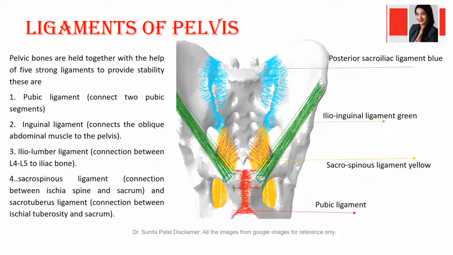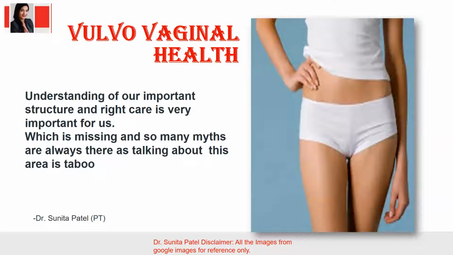So altogether, anteriorly we have the pubic ligament, and again anteriorly around the abdomen, we have the ilioinguinal ligament. There are 2 ligaments present posteriorly: one is the posterior sacroiliac ligament, and the other is the sacrospinous ligament in yellow. So these are the 4 ligaments which are present.